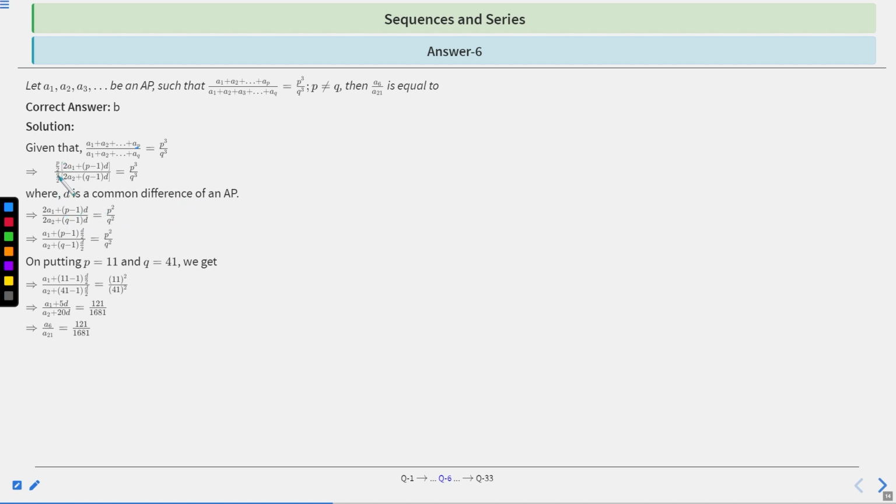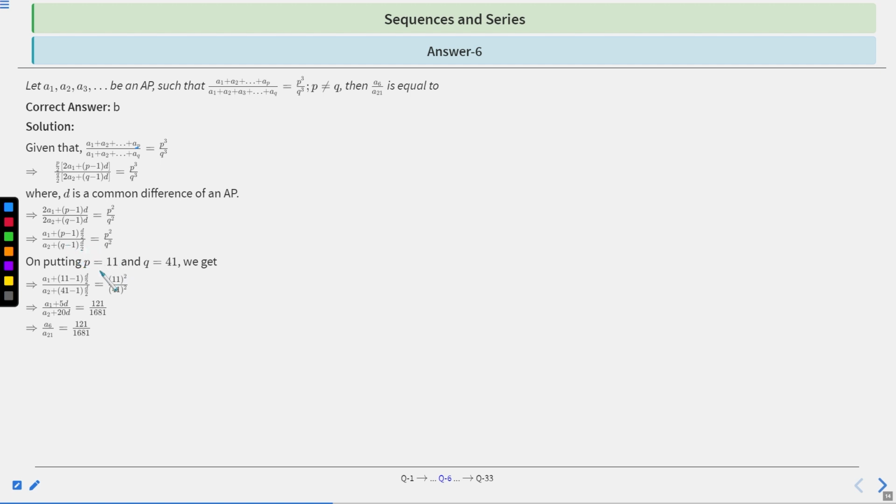Now, 2 and 2 will cancel out, and P upon Q will cancel out with P upon Q of the right hand side. So on the right hand side, it will be left P upon Q. So (2A1 plus (P minus 1) into D) upon (2A2 plus (Q minus 1) into D) is equal to P square upon Q square.